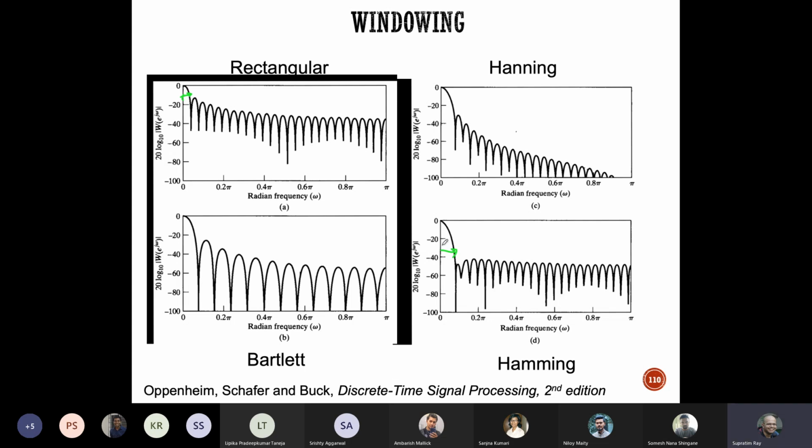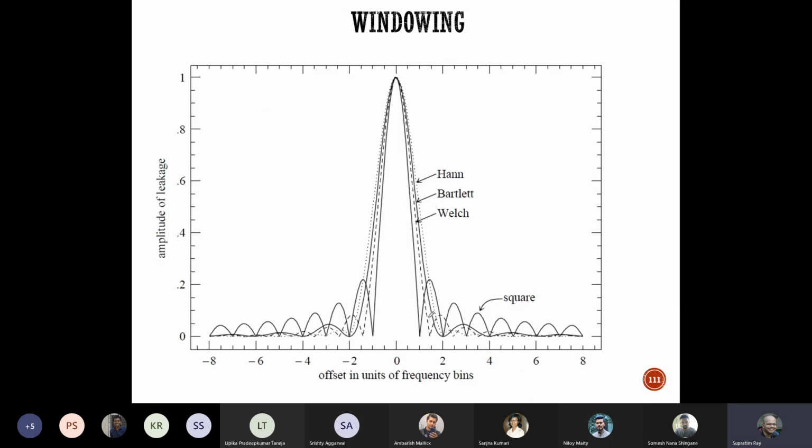Which means that you are going to have poorer resolution, but much less leakage if you pre-multiply the signal with a window like this. It's actually quite interesting. If I compare a square window, a rectangular, with a Hann or a Bartlett or a Welch, don't worry about the names. The concept is important. You're going to have a smaller main width for a rectangular window, but a lot of spectral leakage.